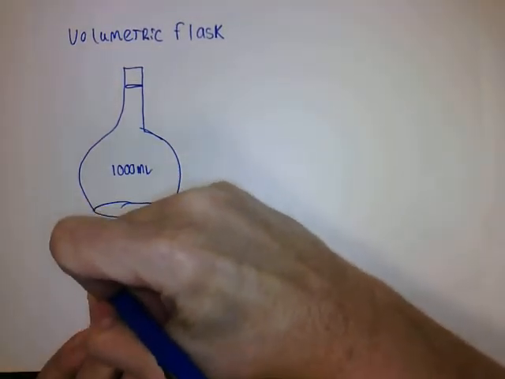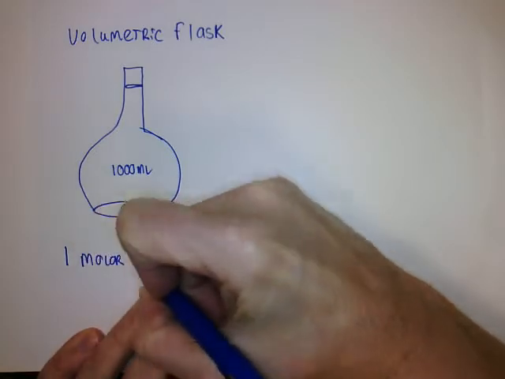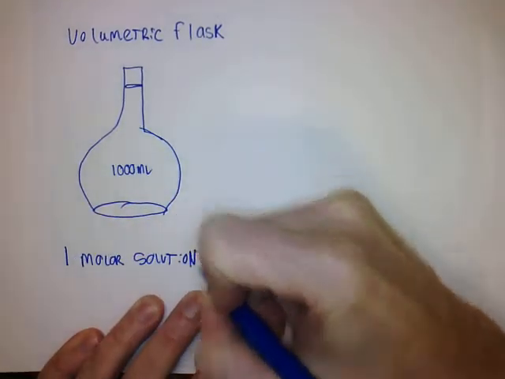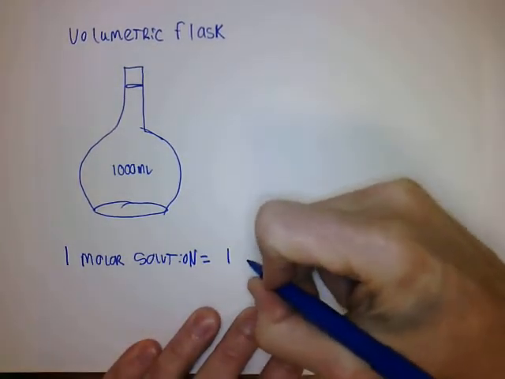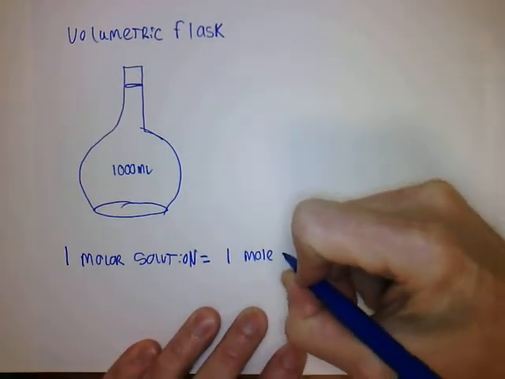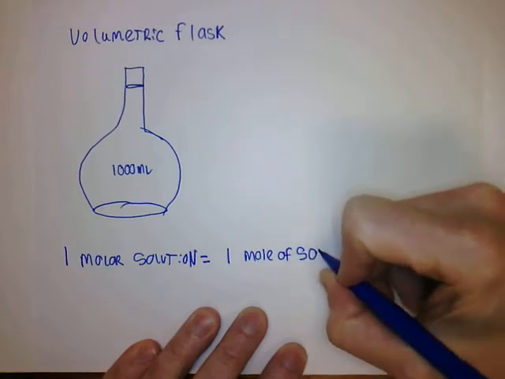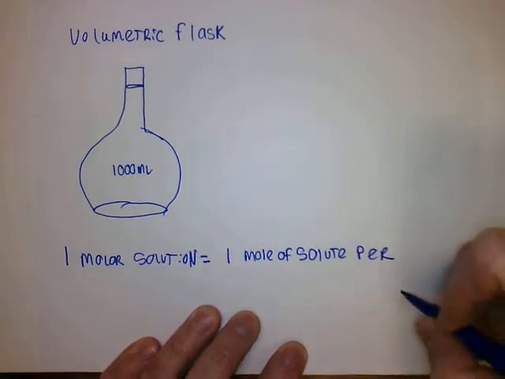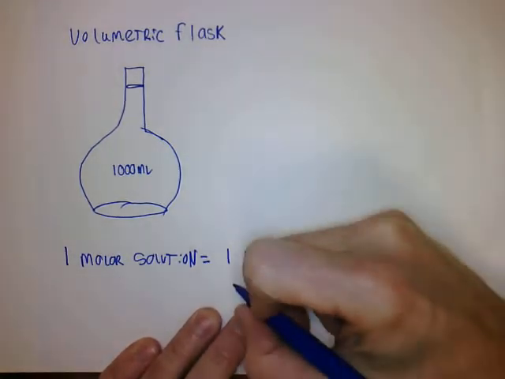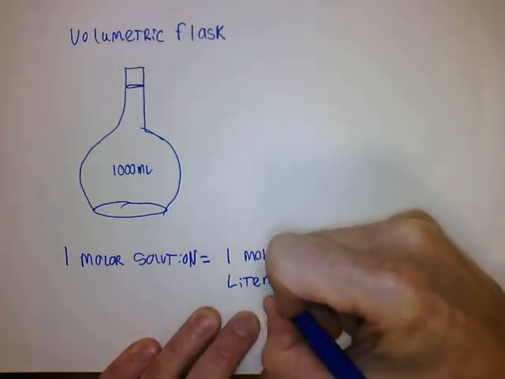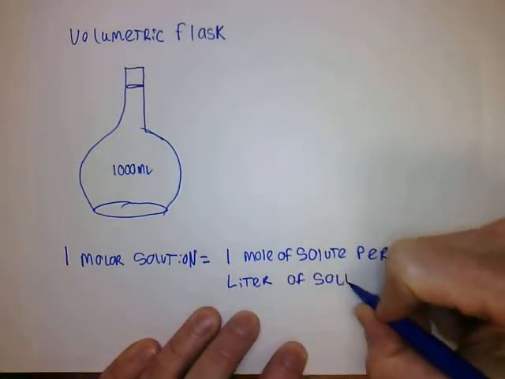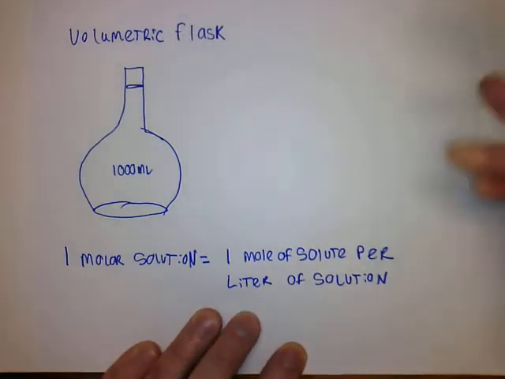So let's say we want to make a 1 molar solution. What is that? That's 1 mole of solute per liter of solution. So let's say we wanted to make, for example, 1 molar sodium hydroxide.